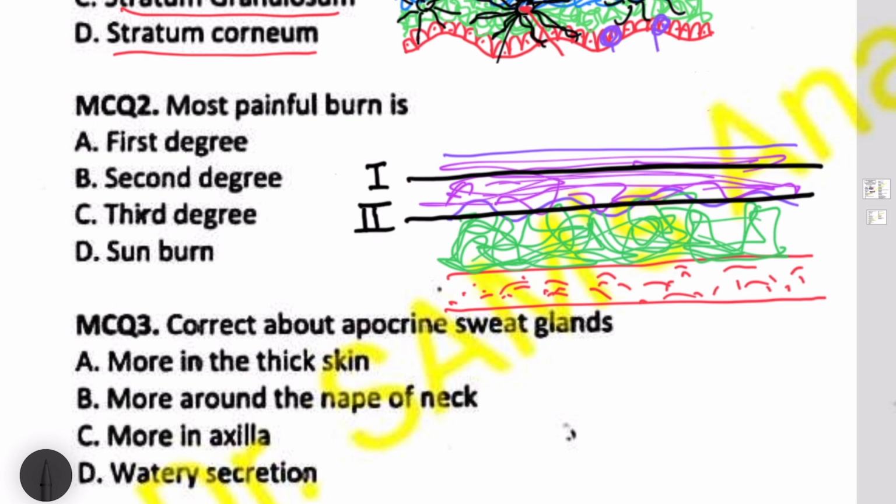The third degree burn is completely destroying the dermis and reaching the hypodermis, sometimes even burning the deep fascia also. That you can assume is the third degree burn.